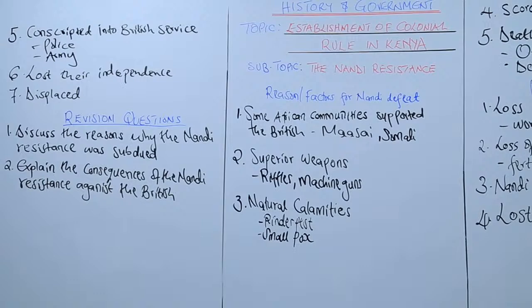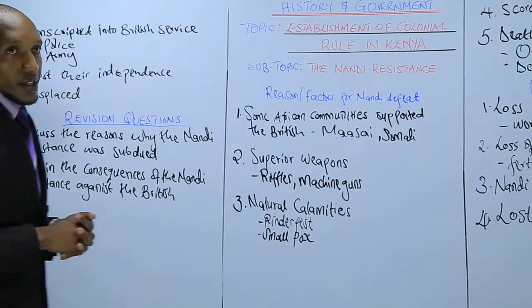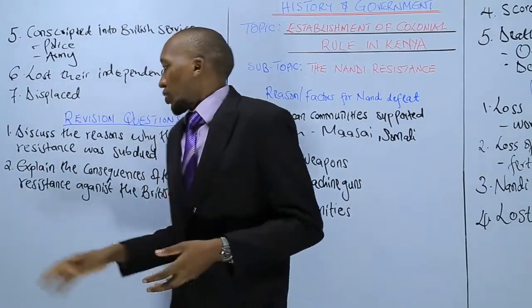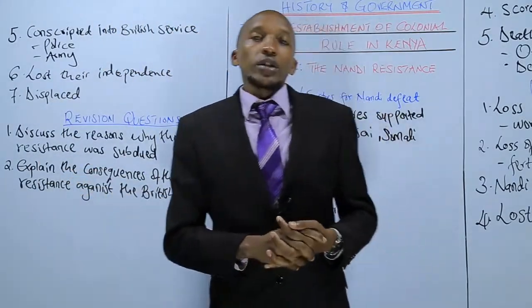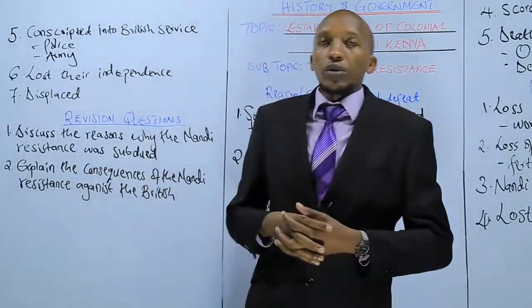Number one, discuss the reasons why the Nandi resistance was subdued. And number two, explain the consequences of the Nandi resistance against the British. And I'm sure those are very easy questions that we have effectively tackled in today's lesson.